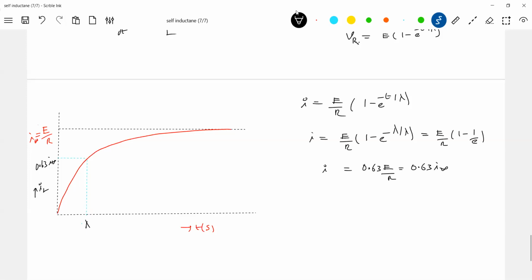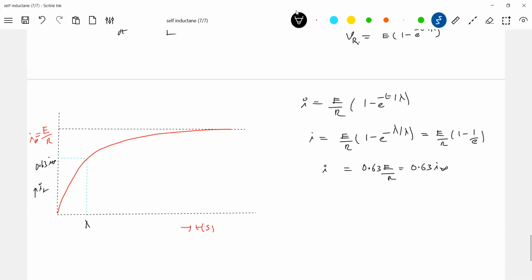So it is the time taken for the current to become 63% of the final value. This I infinity is the final current that will flow through the circuit, similar to the steady state charge in an RC circuit, here the steady state current after a long time.